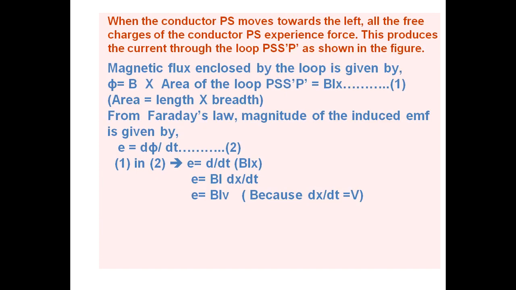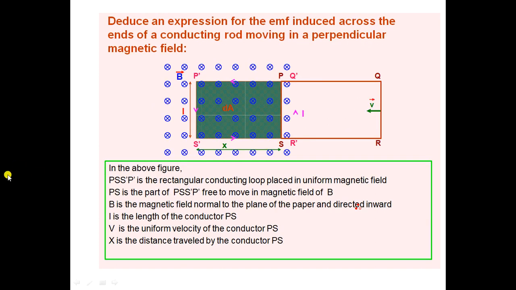And if the current is present, then the magnetic flux enclosed by the loop is equal to B into the area of the loop. B is the magnetic field, and the area is the length and breadth.